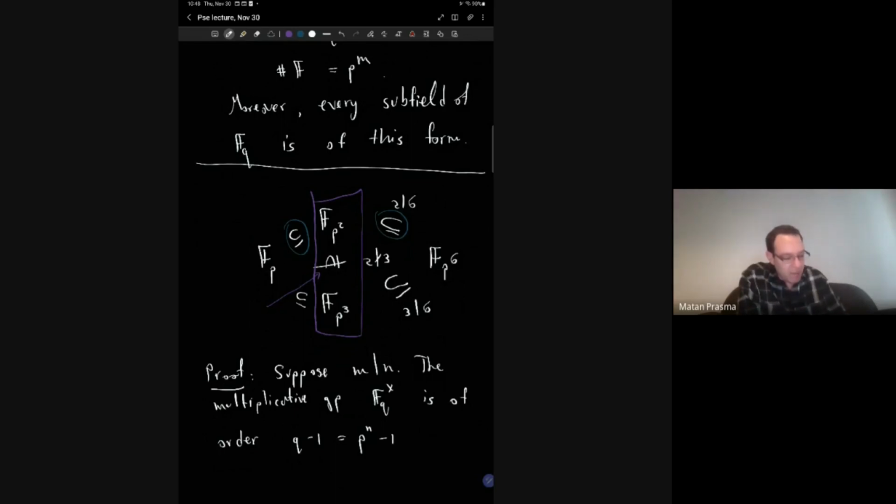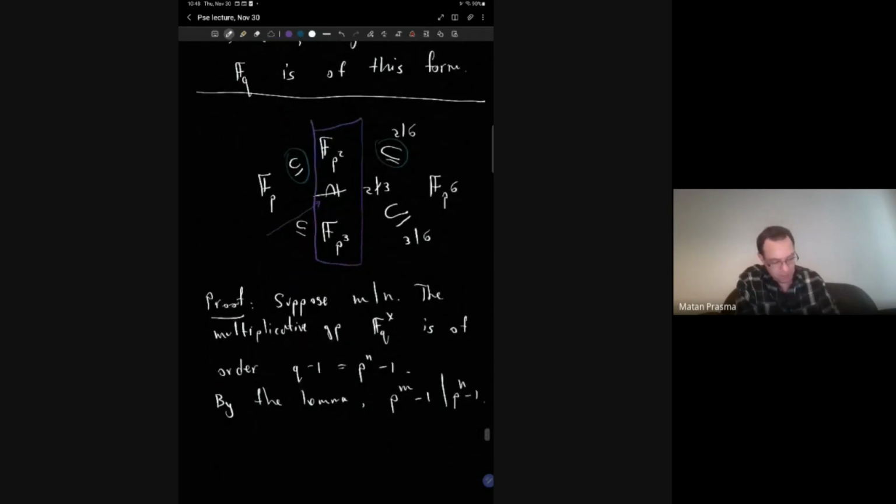And by the lemma, p to the m minus 1 must divide p to the n minus 1. Now, if you recall, this was a corollary of the classification of finite abelian groups.